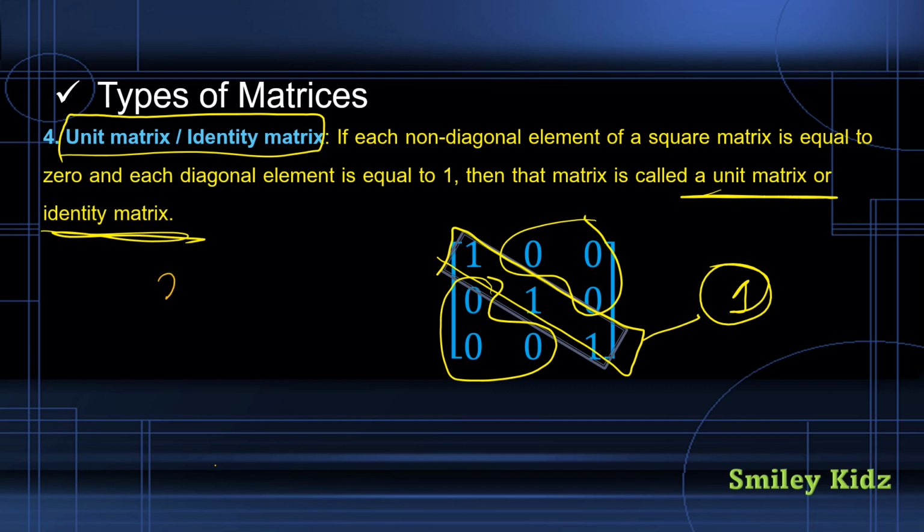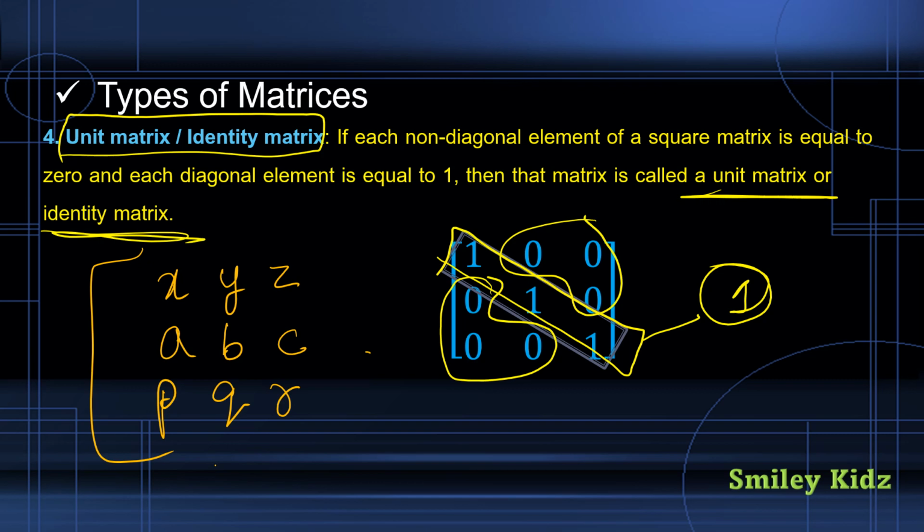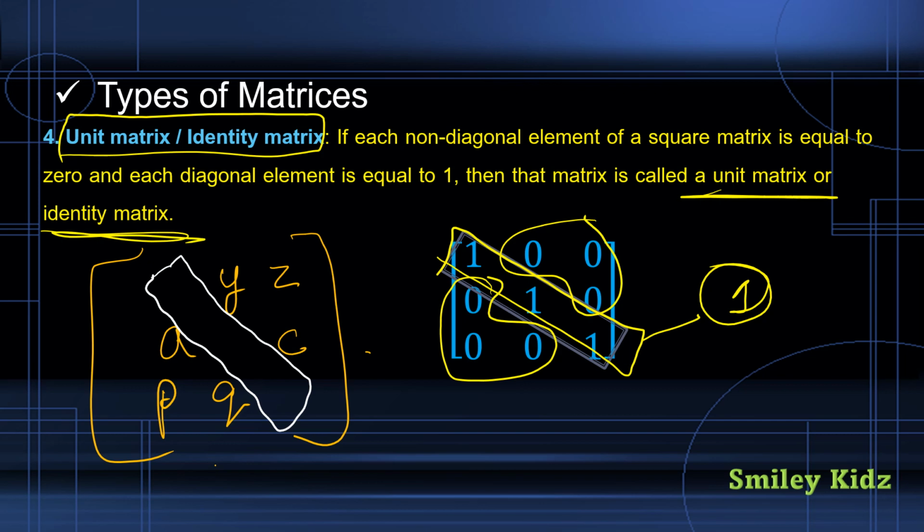Now let's have another example. Let's say I have X, Y, Z, A, B, C, P, Q, R. I'm going to convert this into a unit matrix or an identity matrix. Now how do I do that? First of all, let me draw the diagonal. And I'm going to make all the diagonal elements equal to 1.